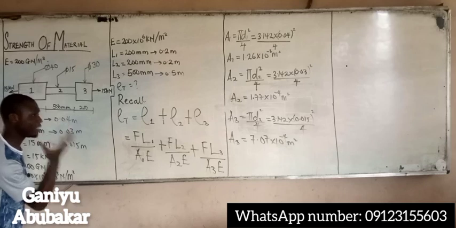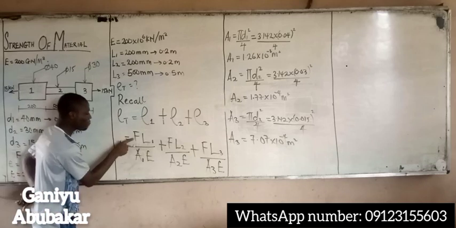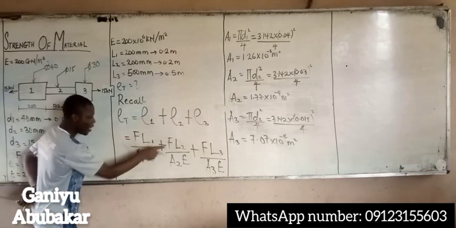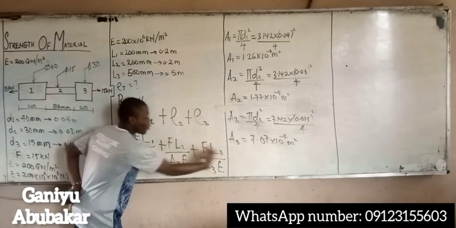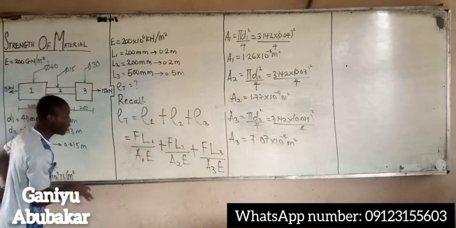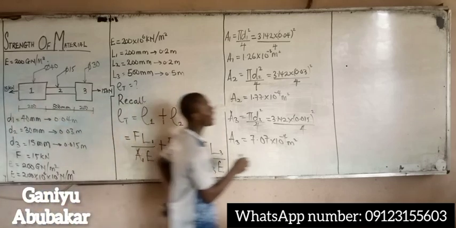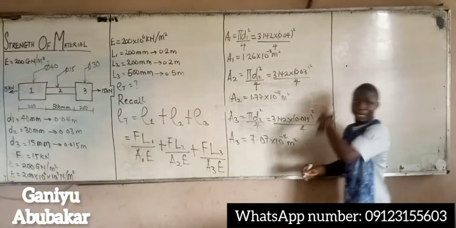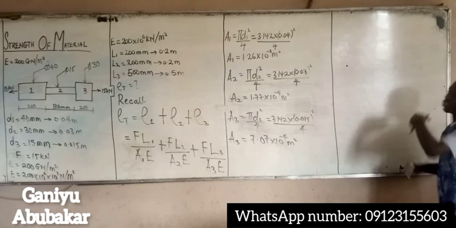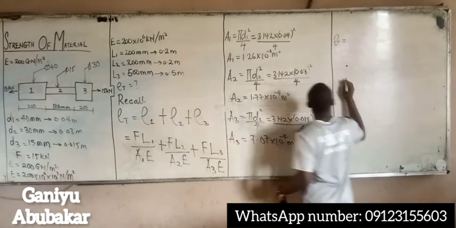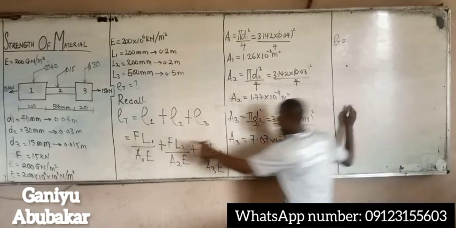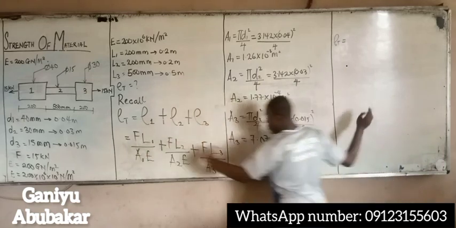Now there's something in mathematics. You can see that F and E are the same. I can factorize them out, right? So in that case, my total elongation, ET, is equal to, observe please, F and E are common to everything.